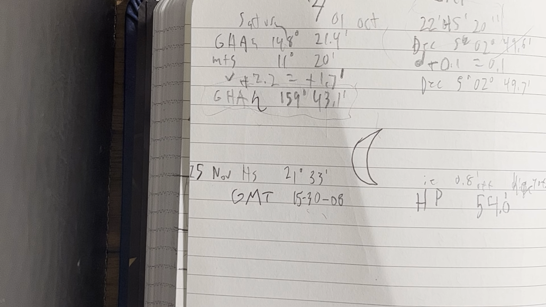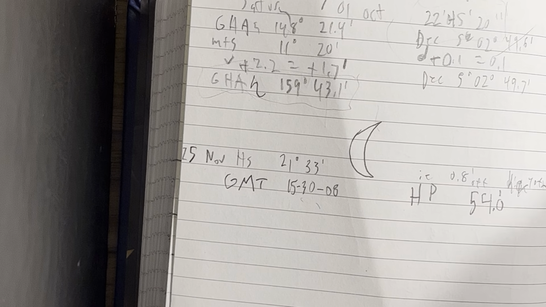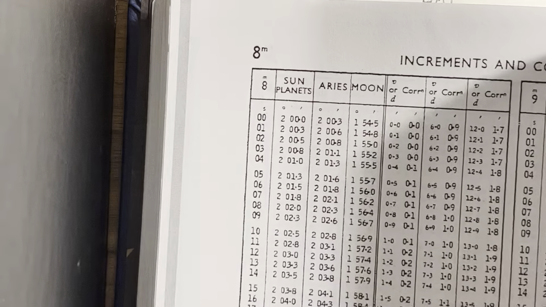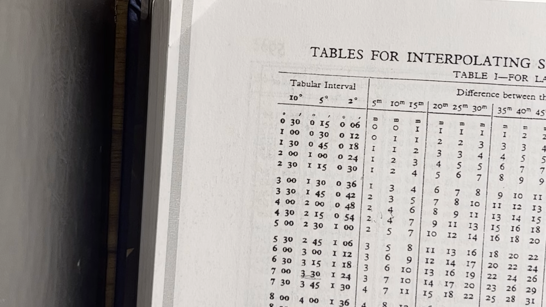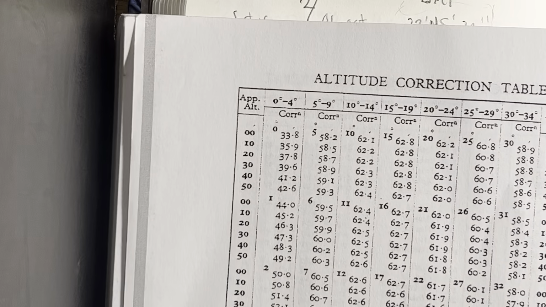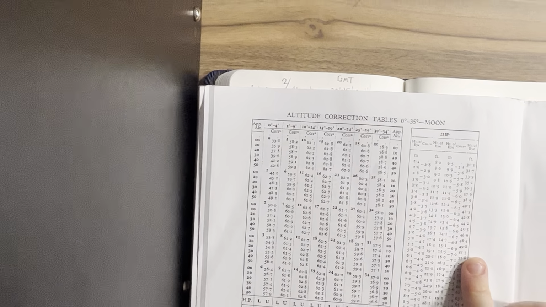So now we're going to set up HS to HO. But we're going to look at our table. This is way in the back of the book. So if you flip, here's our daily pages, minutes and seconds over here. Moonrise, stars. The last page of the book, way in back, is our altitude corrections for the moon.